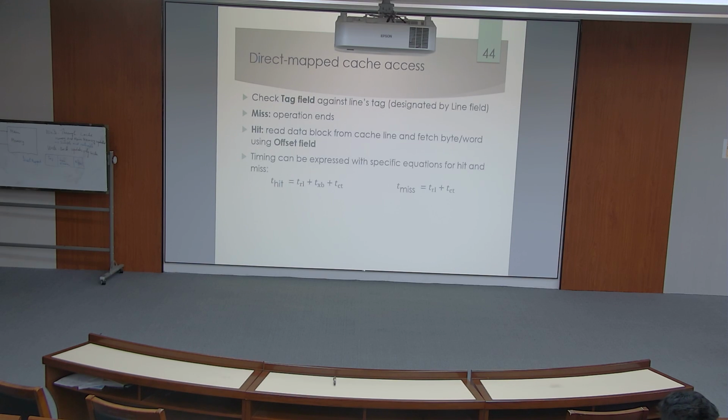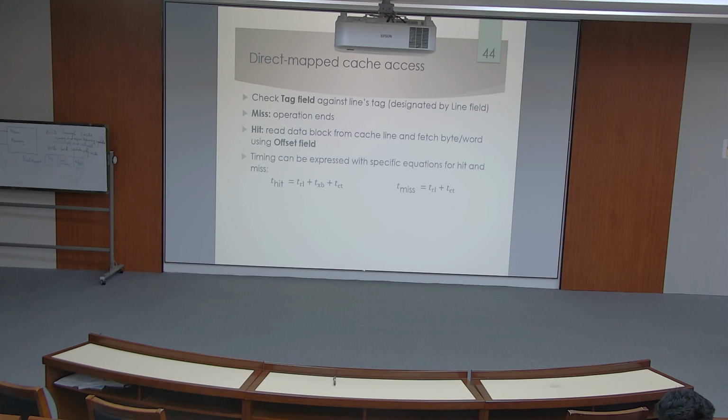Now, for the direct mapped cache mapping technique, we have to check the tag field against the line's tag. That means the tag field from the address from the central processing unit needs to be checked against the cache line's tag.